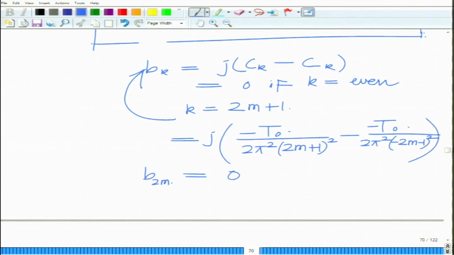So B of 2m plus 1 is 0, which implies Bk is 0 for k even or odd, which means Bk is 0 for all k.